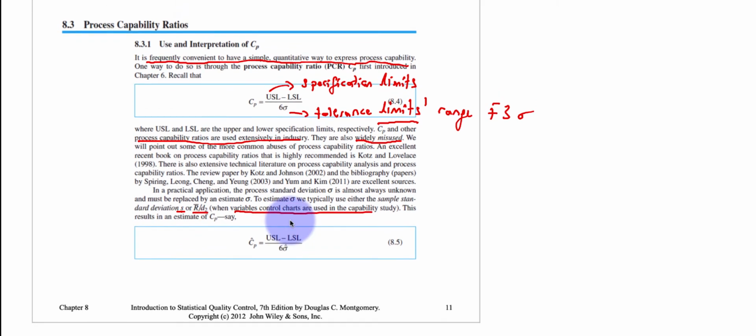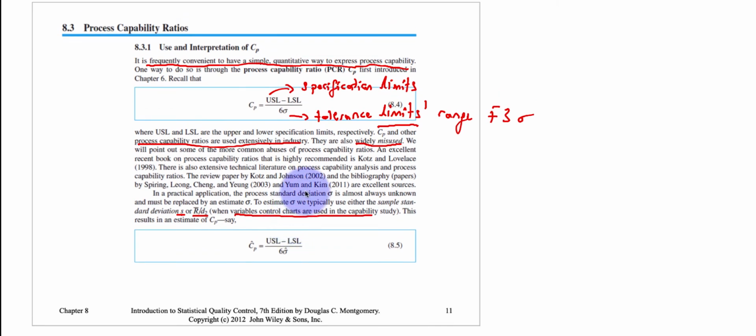All right. So in practical application, the process standard deviation is almost unknown. So we need to estimate it. For estimating it, we can use the sample standard deviation, or if we are using the quality control charts, like X-bar R control charts for variable data, we can also use R-bar, the average of R over the d2 value. You can remember from chapter 6, this is the estimation of the standard deviation, right?